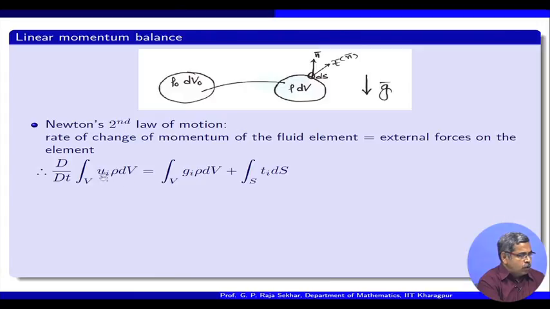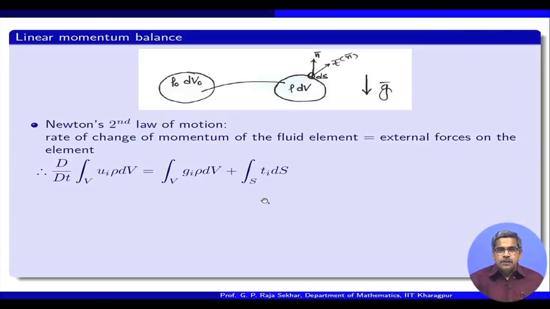So, rho dV, that is mass over that element, and then this is velocity. We would like to consider the rate of change, so we have taken the material derivative, that is equal to the external forces acting, which are due to gravity, let us say, or it could be anything. G bar need not be gravity, you can have some electric field, magnetic field, etcetera, and surface forces.